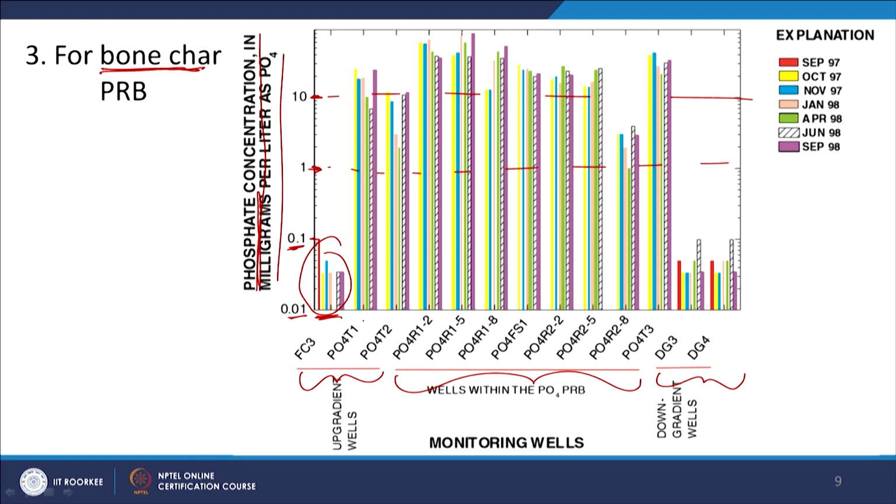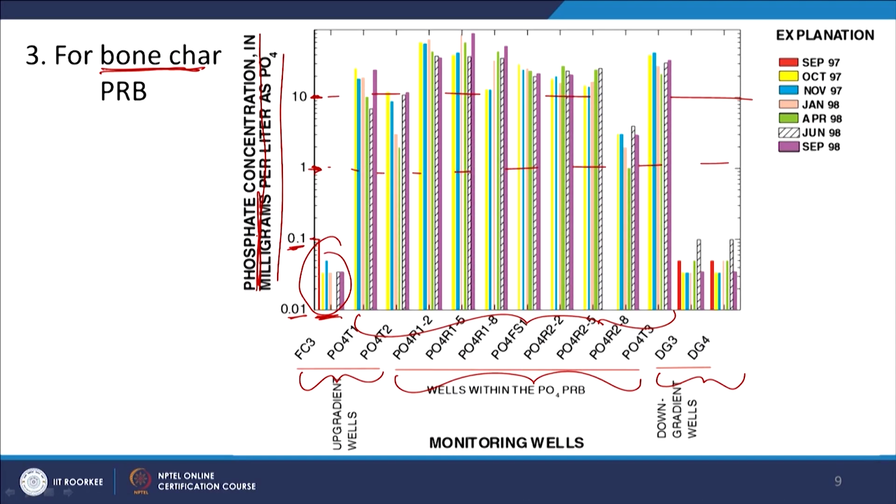But within the PRB, across almost all the monitoring locations, you see that phosphate is released, so you have phosphate in the aqueous phase, which hints at the change in phase, and you see that the concentrations are remarkably high.